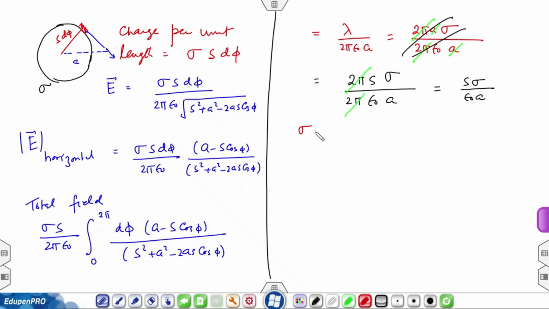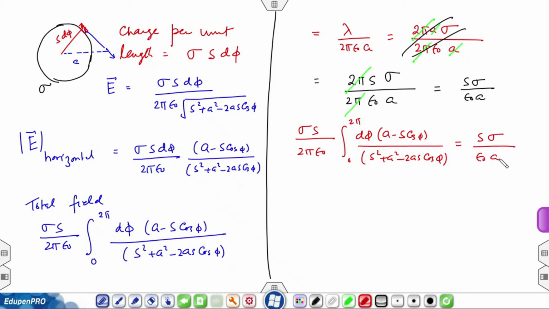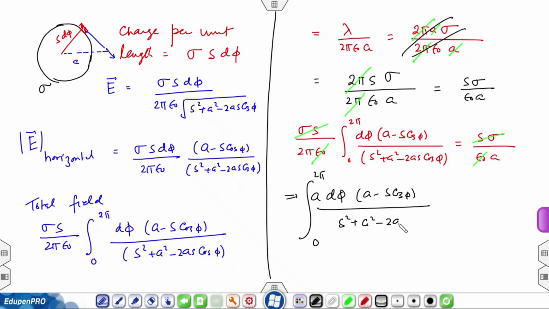So, sigma S over 2 pi epsilon 0 integral 0 to 2 pi d phi (A minus S cosine phi) over (S square plus A square minus 2 A S cosine of phi) is equal to S sigma over epsilon 0 A. Again sigma S cancel, so does epsilon 0, and this gives me A integral d phi 0 to 2 pi (A minus S cosine phi) divided by (S square plus A square minus 2 A S cosine phi) is equal to 2 pi.